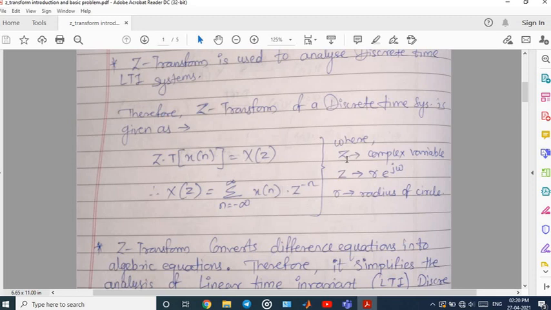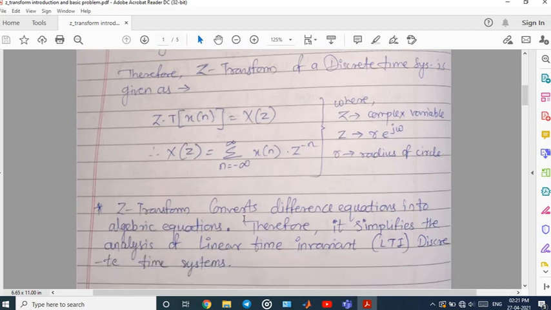So where this capital Z is a complex variable. Okay, so z is nothing but r into e to the power j omega. As I already said, it looks like the discrete time Fourier transform because the only term missing is e to the power j omega. So now we can denote this z as r into e to the power j omega, where r is the radius of the circle.